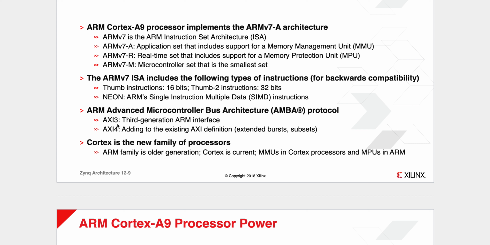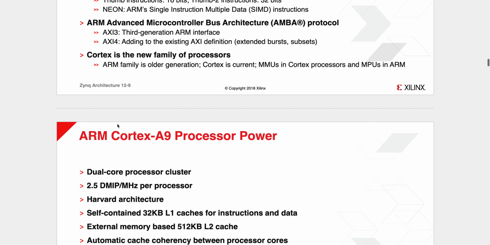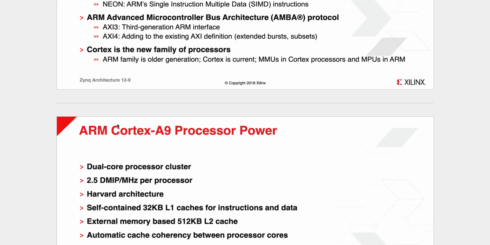The AMBA is the Advanced Microcontroller Bus Architecture. So it is a bus architecture which contains protocols. The protocols are there for communication, like I said before, and the communication is done through interfaces.